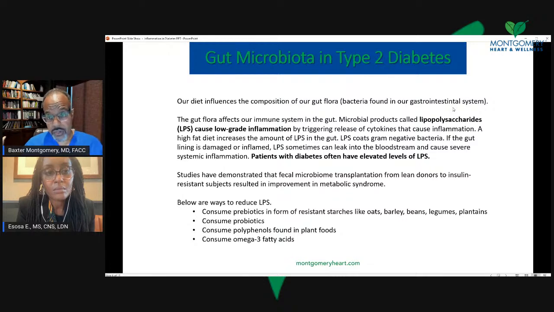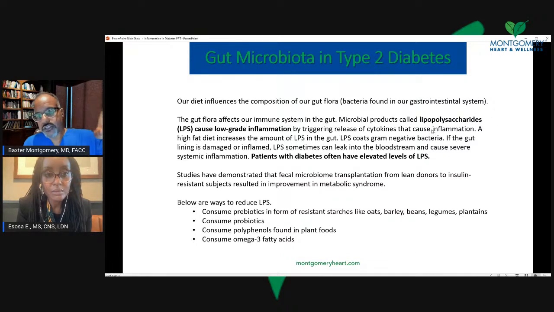Now, we have bacteria all over our body. We have probably about 10 times more bacterial cells than we have innate human cells. And this microbiome, this ecosystem, if you will, is really important for our body's normal function. The gut flora affects our immune system in the gut. The microbial products called lipopolysaccharides, again, these are molecules we can measure, cause low-grade inflammation.